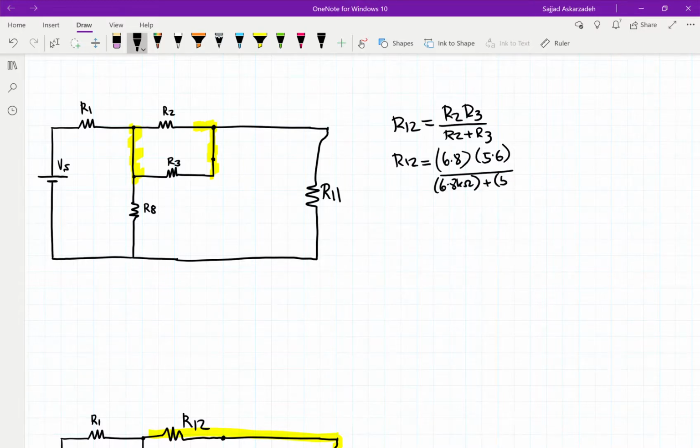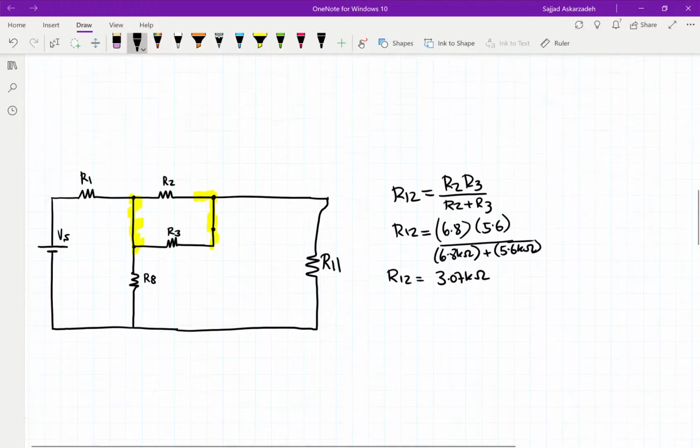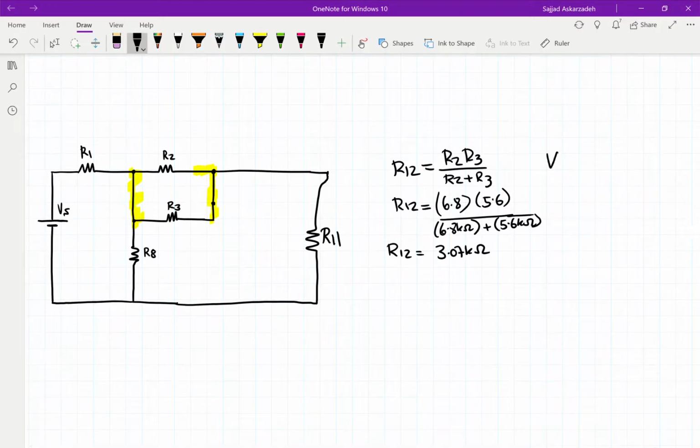I didn't write the unit up top, but you'll know that it's kiloohms. And then R12 is equal to 3.07 kiloohms. Since these two are in parallel to each other, the voltages VR2 and VR3 are exactly the same.